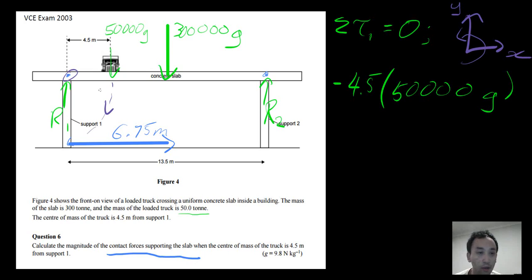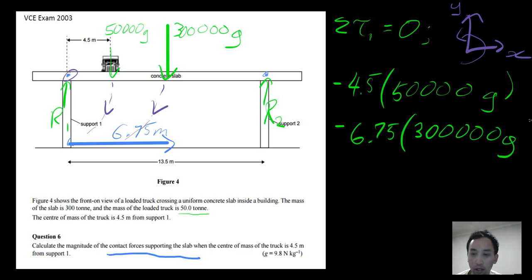We also have the weight of the concrete slab. And this one over here, you can see this is also moving clockwise, so this is also negative. The distance from point 1 to the center of mass we established before was 6.75, and the force over here is 300,000 g. So the torque is simply the distance multiplied by the force at that point.